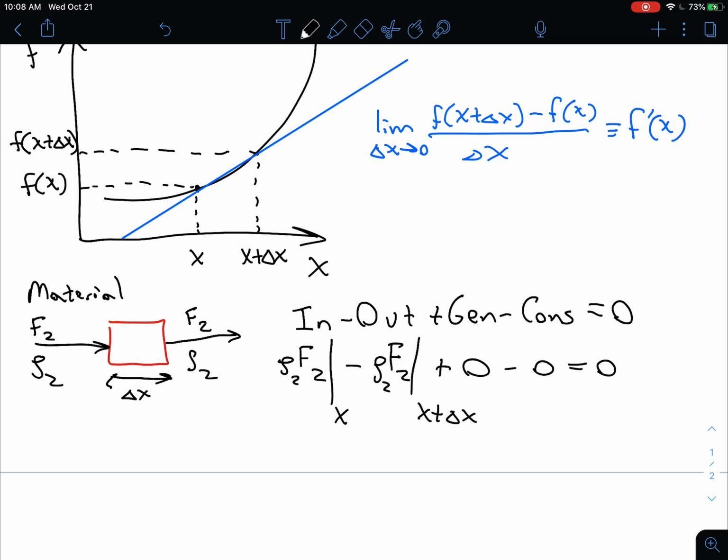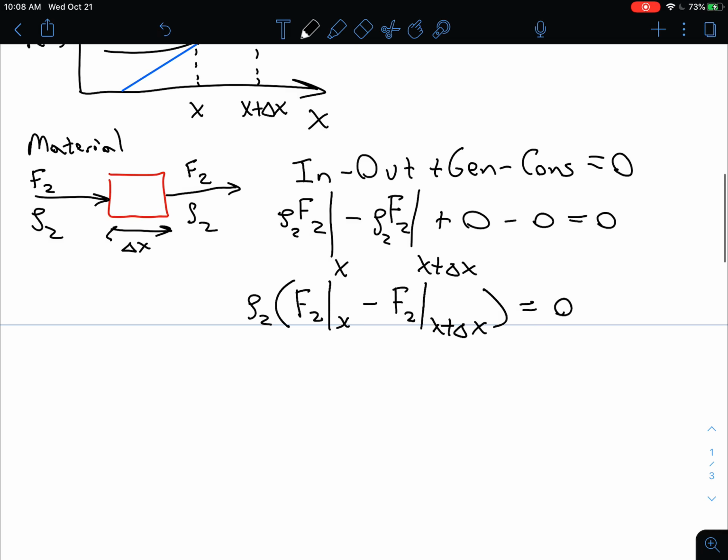So let me do that. If I say rho 2, which is a constant, times F2 evaluated at x minus F2 at x plus delta x equals 0, I can divide through by rho 2.